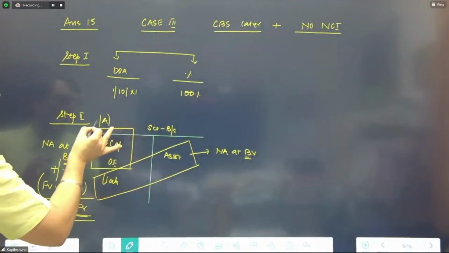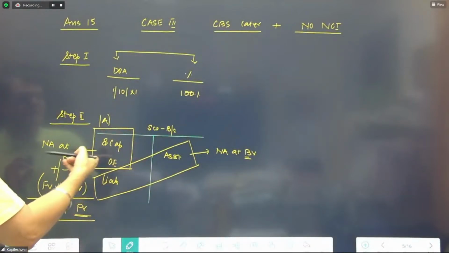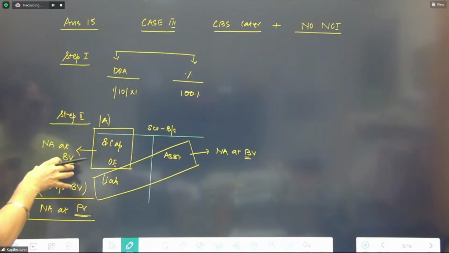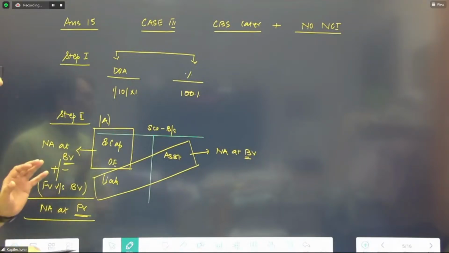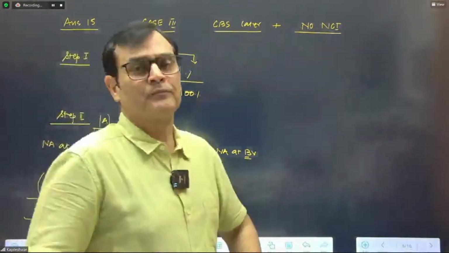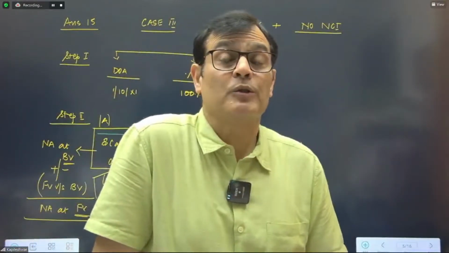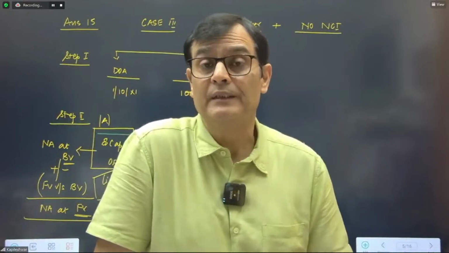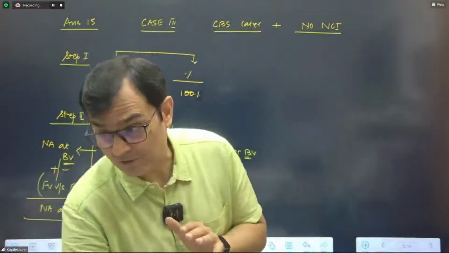So when you consider the sum total of the share capital and other equity, it is nothing but net assets at book value. So you need to incorporate the fair value and book value difference and then get the net assets at fair value. So every time you do the analysis of other equity, you will also incorporate the changes in fair value versus book value as a part of the analysis. I hope I made myself clear.